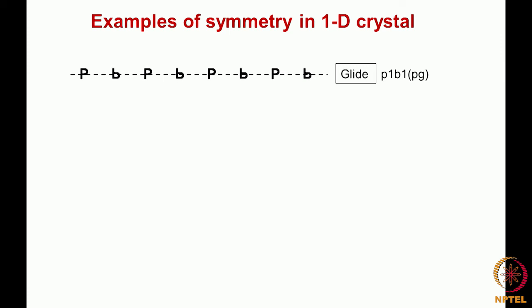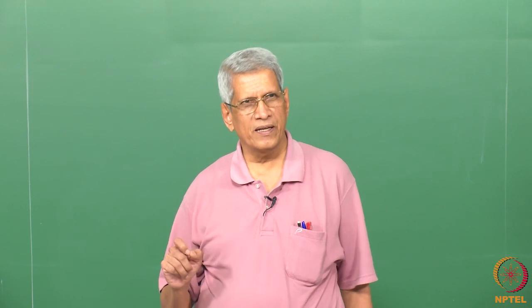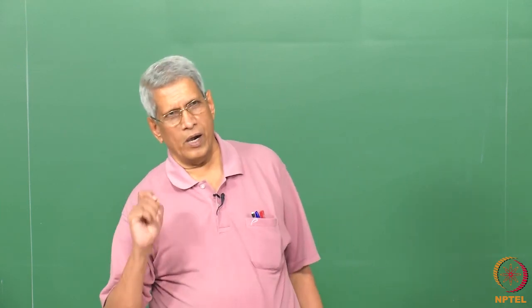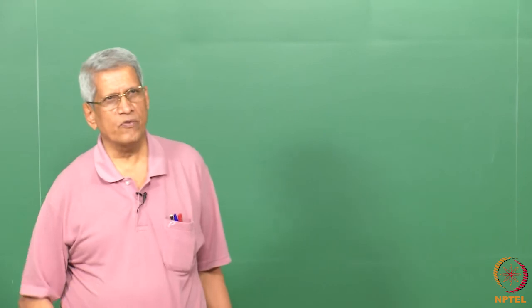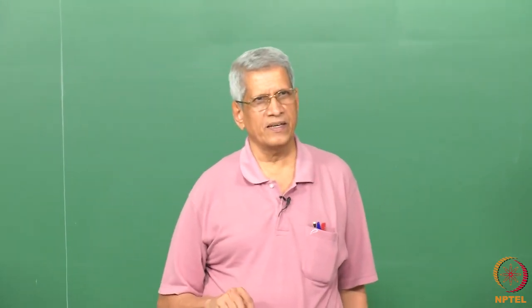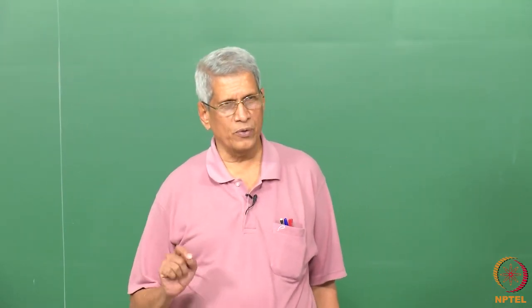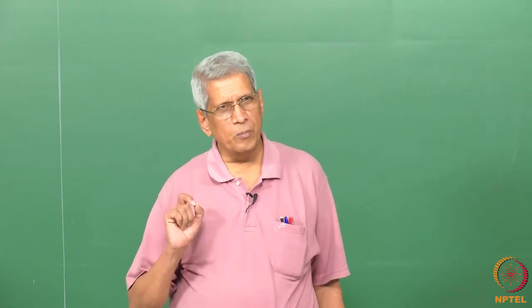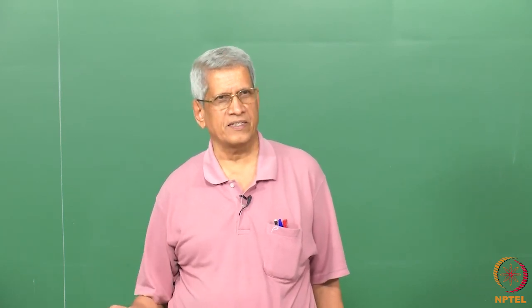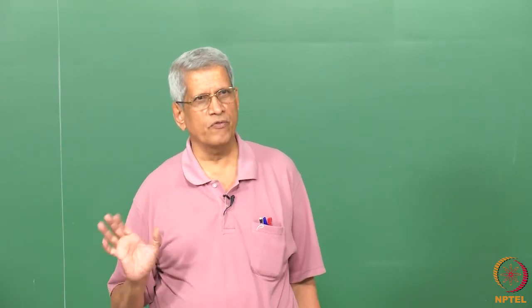In the other case, in most of the cases we consider, we are doing a symmetry operation of a mirror which is consistent with translation so that the structure looks identical. Whereas here there is a translation which is involved. There is a combination of rotation and reflection which is consistent with translation. Here what we have shown is a mirror plus a translation. Okay, this is the subtle difference between these two.